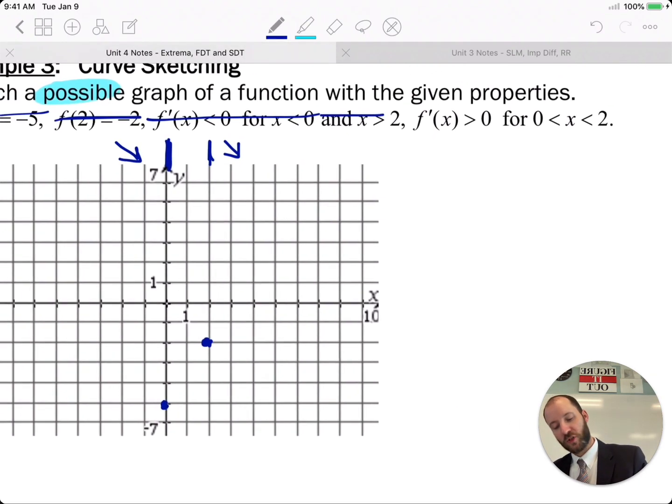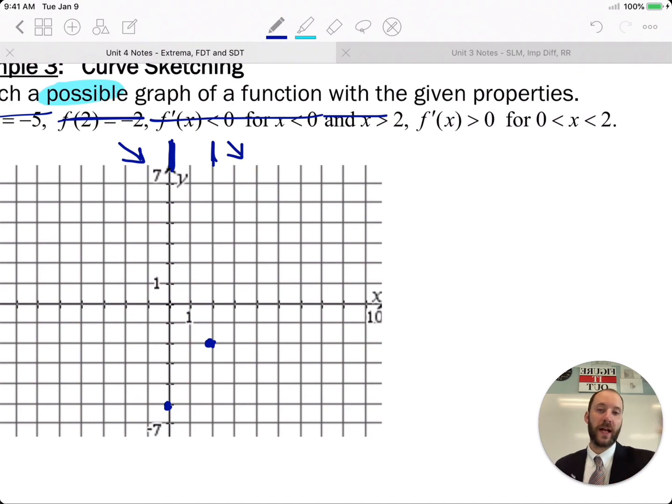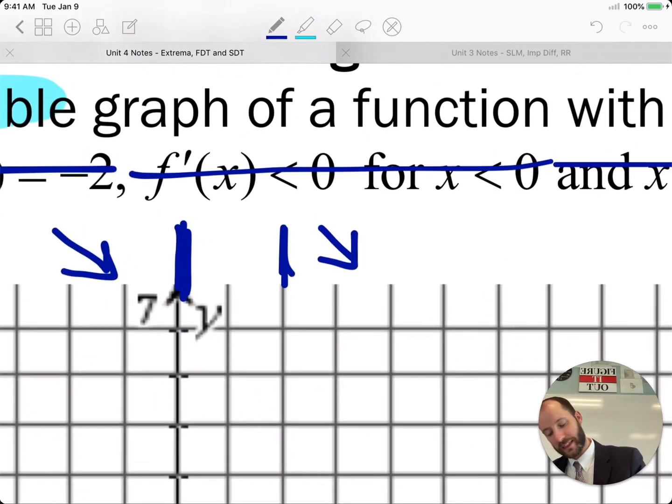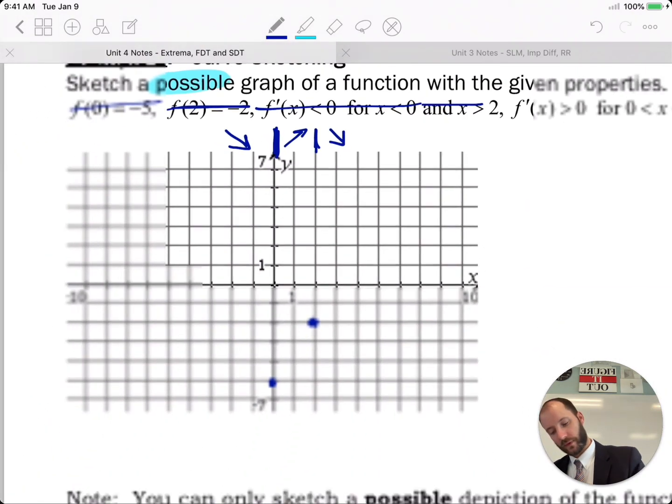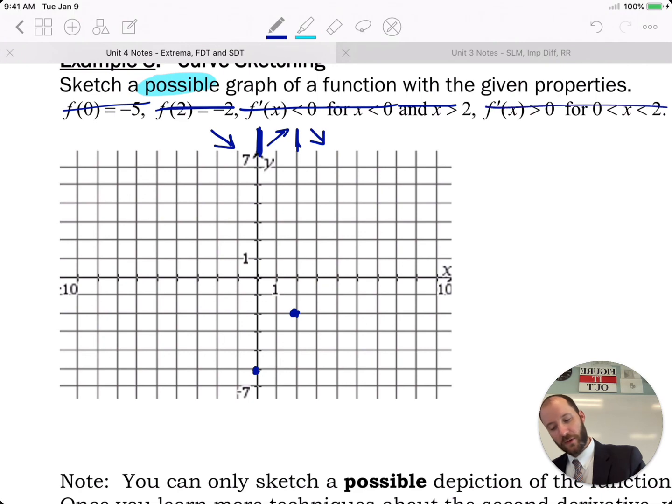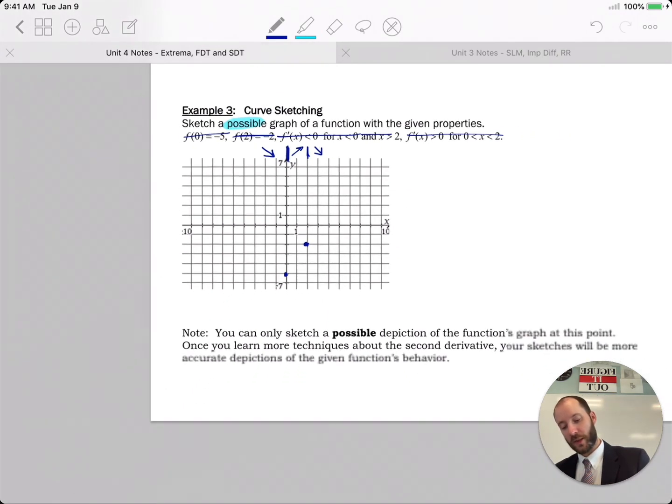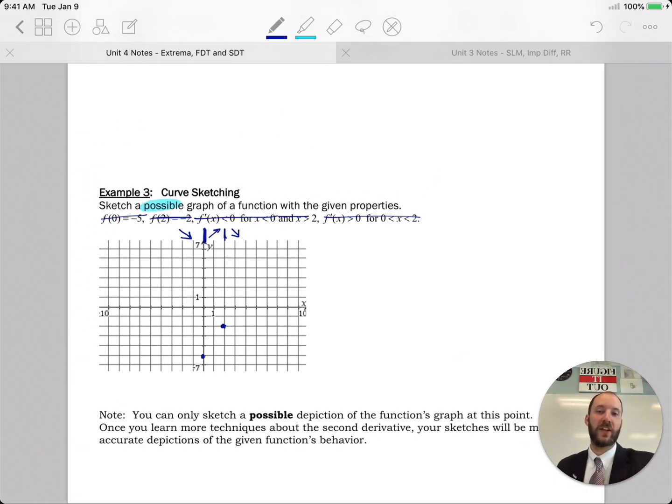And f prime is greater than 0, so positive, increasing from 0 to 2, so in that little interval, increasing. So based upon that information, make a possible sketch. Remember, you can only make a possible sketch. We don't know yet whether that is exactly how it looks.